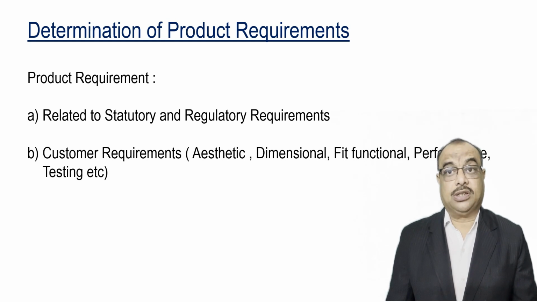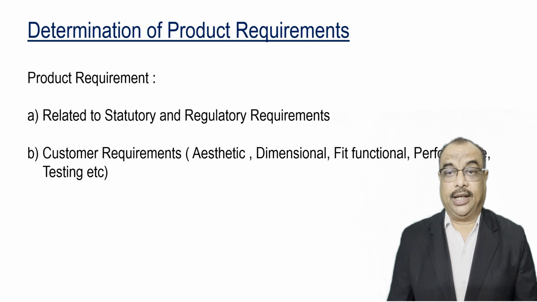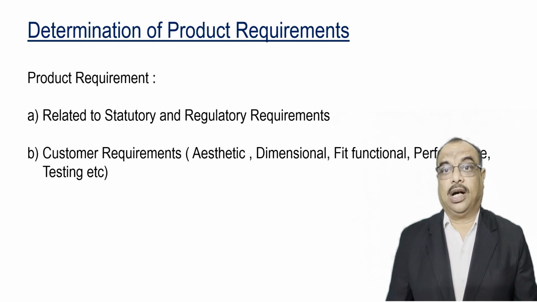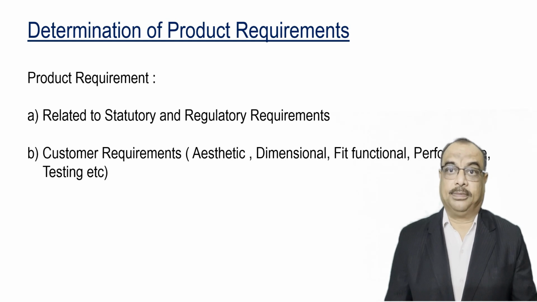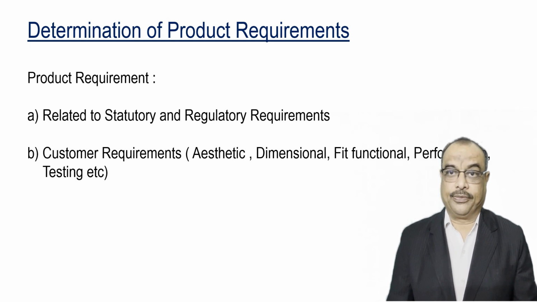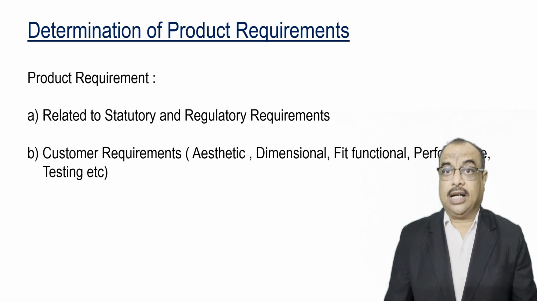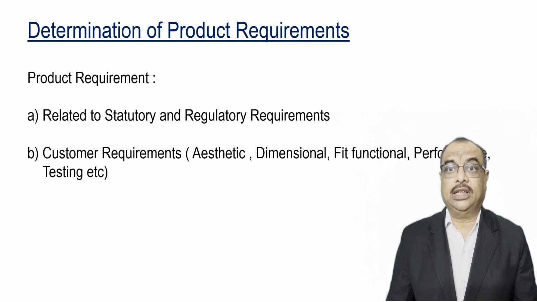The third thing, which is also very important, is related to fitment and functional requirements. Because if an organization doesn't understand where this part will fit and what the function of that particular part is, again there are a lot of issues which we notice in the industries.